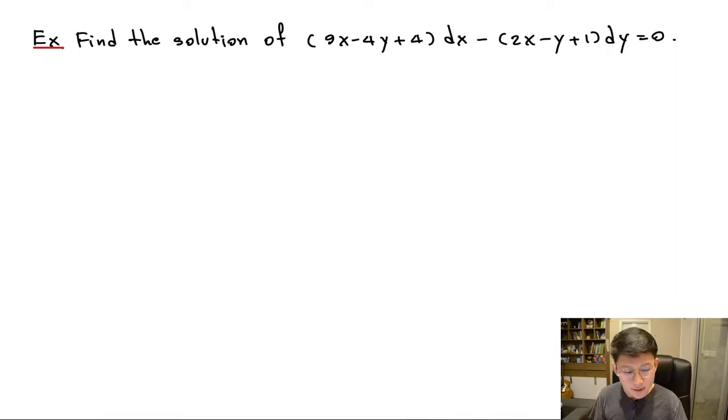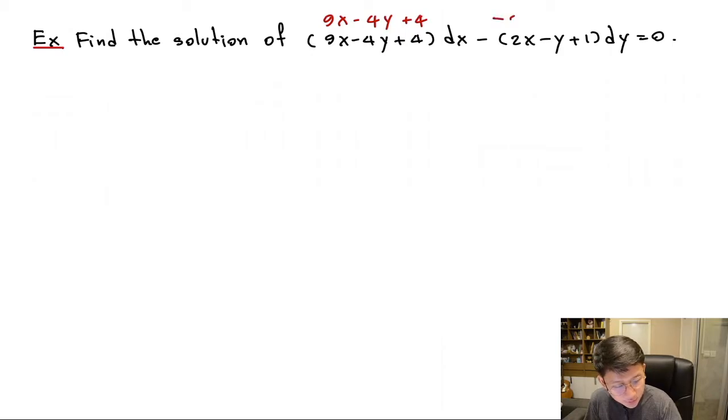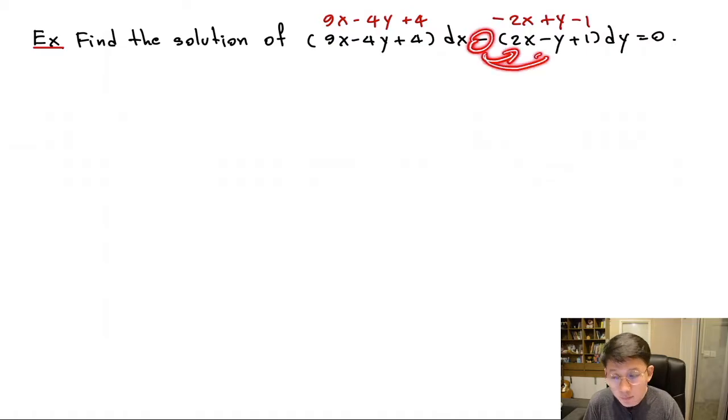You have that this is a linear function, and this is a linear function as well, right? So we have here 9x minus 4y plus 4, and here is minus 2x plus y minus 1, right? I wrote it in that way because you have a minus here, so you need to multiply the minus into the parentheses.